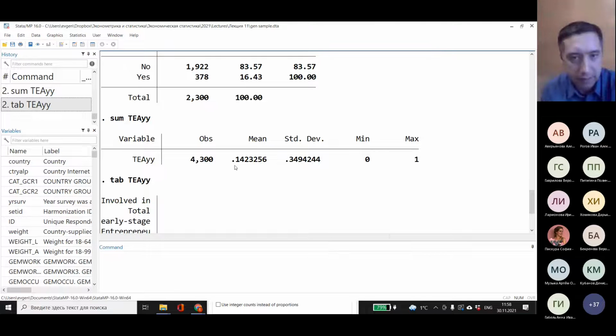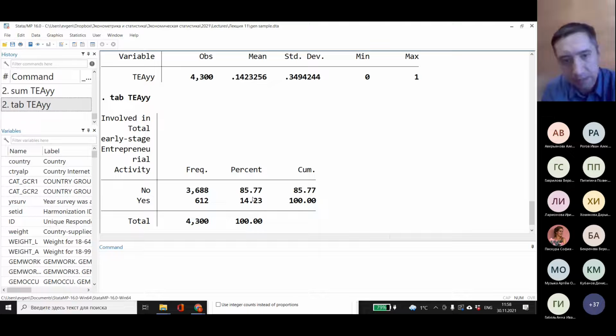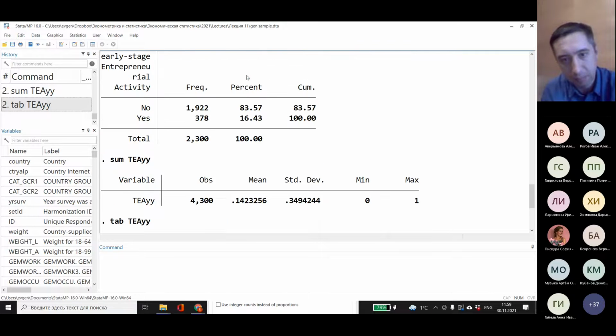In fact, it is a percentage of successes in your variable. This number is 0.14, and if you look at your top output, you will see exactly the same number here. So these two numbers are the same, and they show the proportion of positive outcomes, or successes, in your sample.